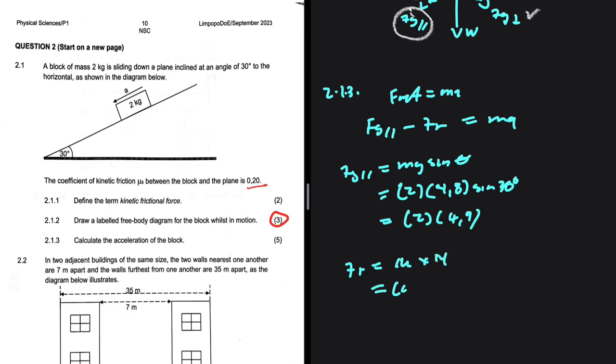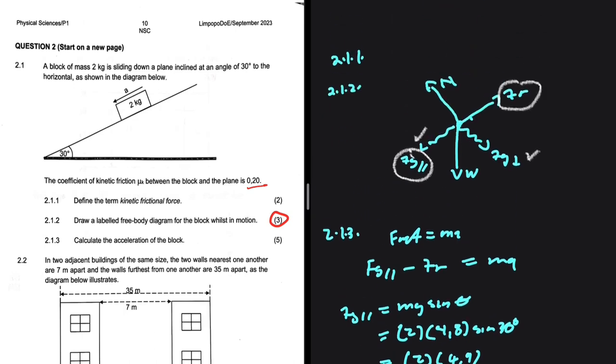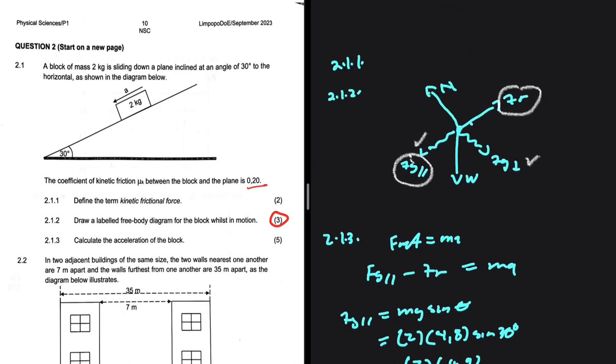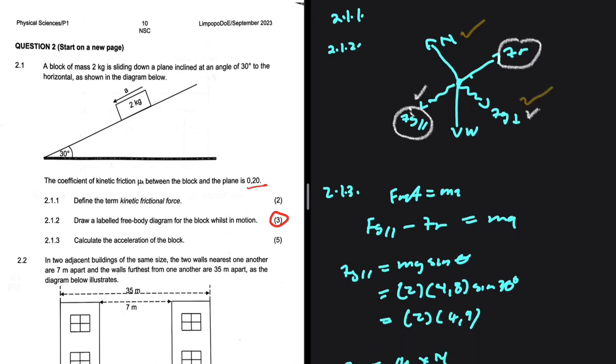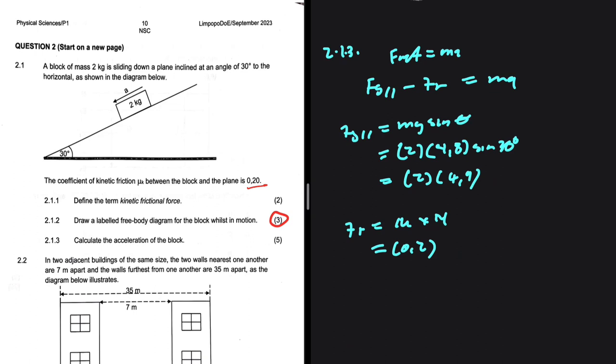The coefficient is 0.2. And then our normal force, if you look at our free body diagram, is being balanced out by FG perpendicular. So the normal force is equal to FG perpendicular in this instance, where FG perpendicular is mg cos of theta. So we have 2 multiplied by 9,8 multiplied by cos of 30 degrees.